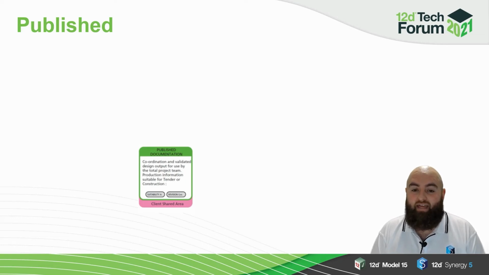Once they move that data into their own WIP state, kind of starts that process again. It goes back to WIP to shared to published, kind of loops around on their side of things.